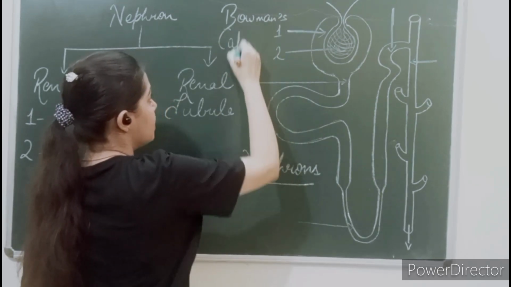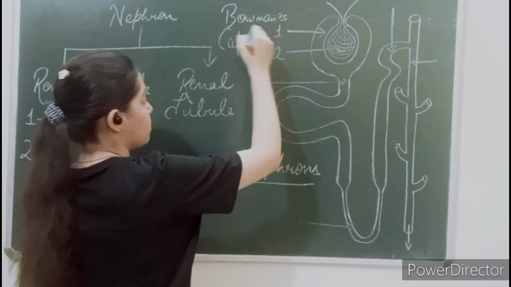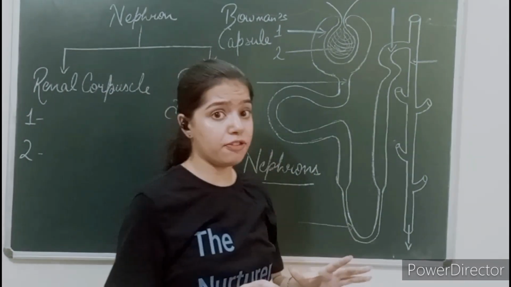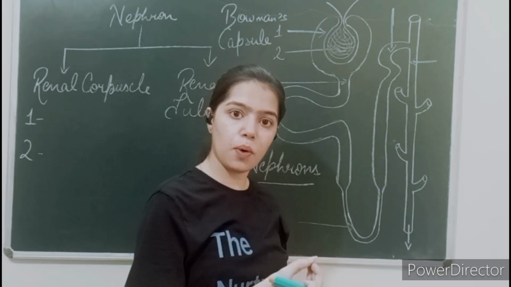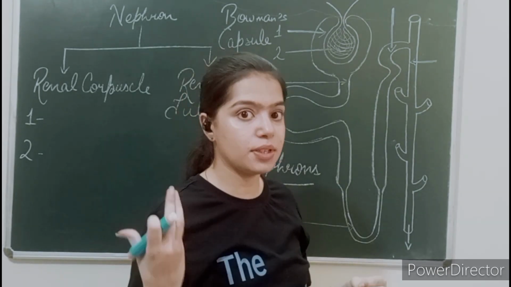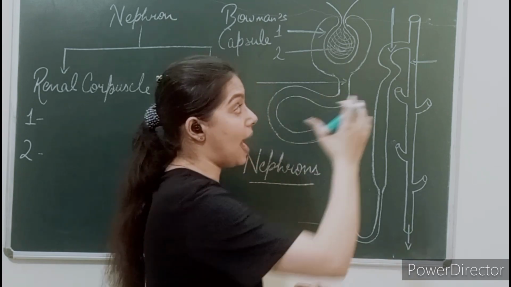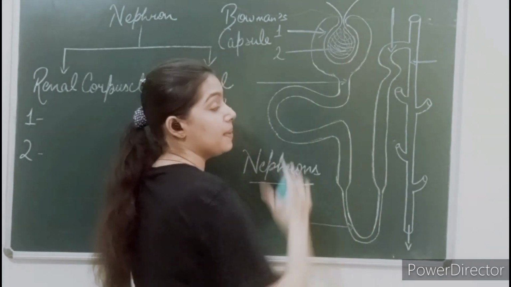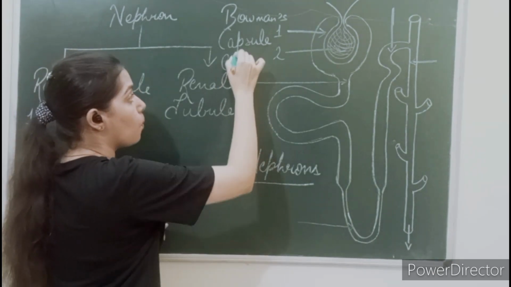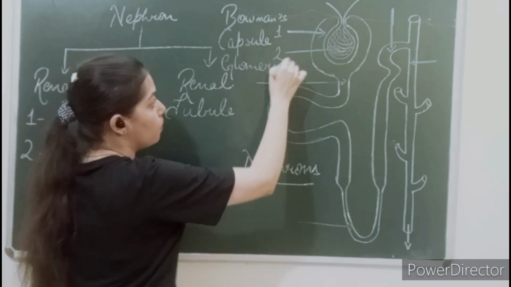What will I call it? Bowman's capsule. And the second is a microscopic cluster of capillaries. I hope you know what capillaries are: the one-cell-thick further versions of arteries and veins. These microscopic capillaries are termed glomerulus. What are they termed? Glomerulus.